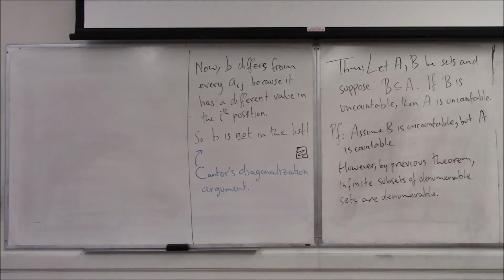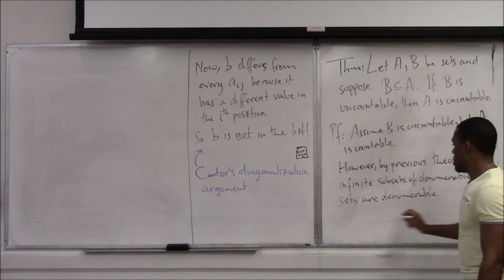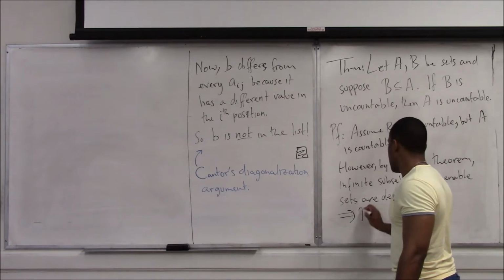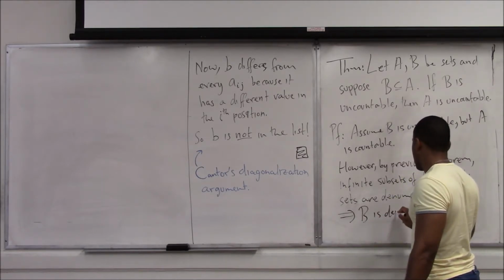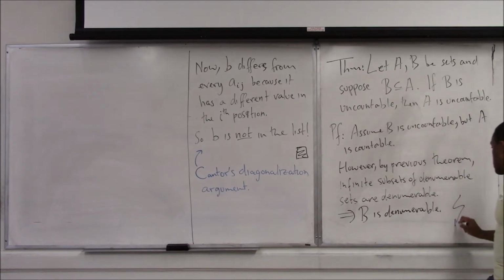And the reason is because of what you said. If I can write all of the things in a list, then if every element in there is an element in here, ultimately all of those guys will appear in the list. But we're saying uncountable means all the things cannot appear in the list. So this would mean B is enumerable. And that's the contradiction.